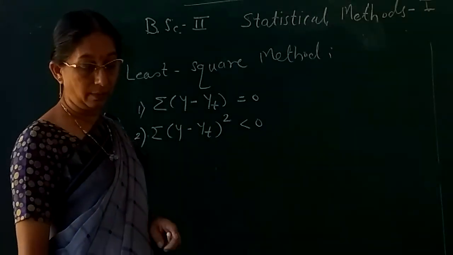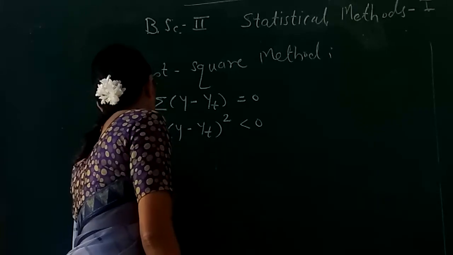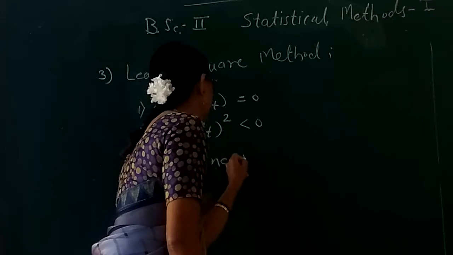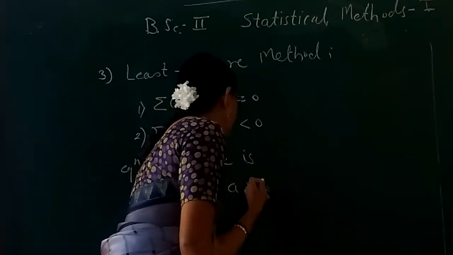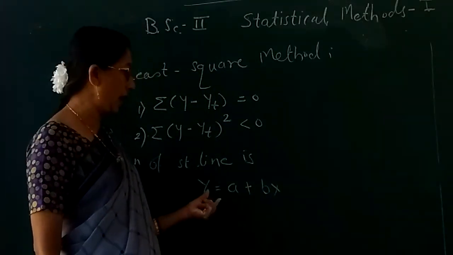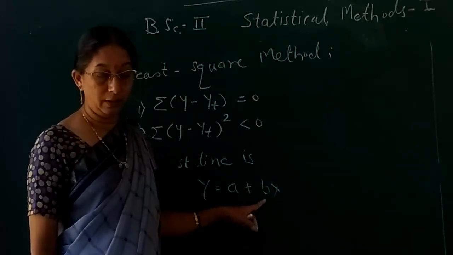The equation of straight line is y equal to a plus bx. A is the intercept on the y axis and b is called the slope of the line.